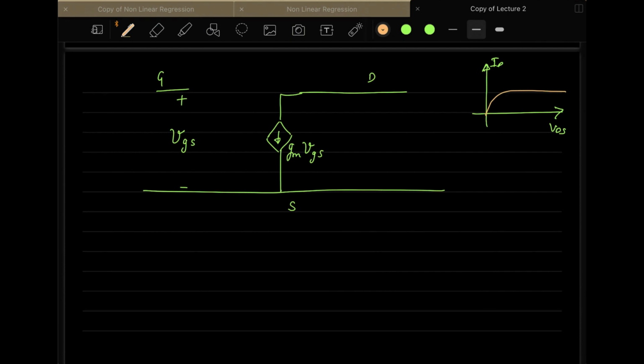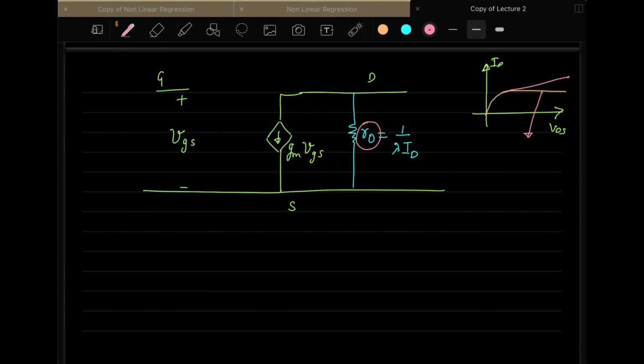But if you take into consideration this thing here, a MOSFET's output resistance RO, whose value is 1 by lambda ID, and RO is also connected with this current source, then your MOSFET's characteristics will change and it will be like this. So this is incorporating the non-ideal characteristics of the MOSFET, whereas this is the ideal characteristics of the MOSFET.